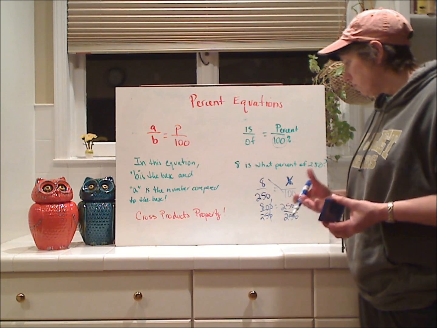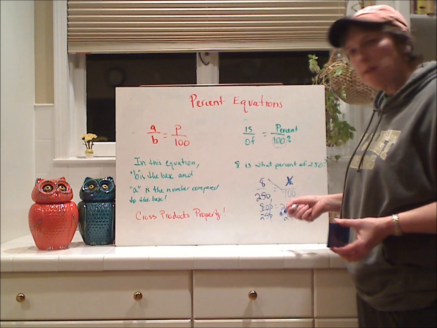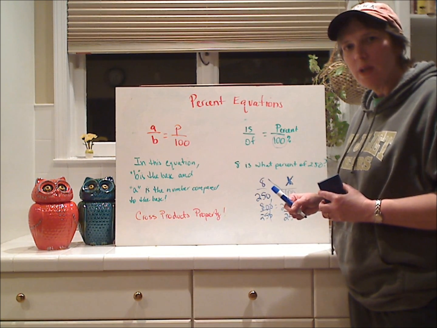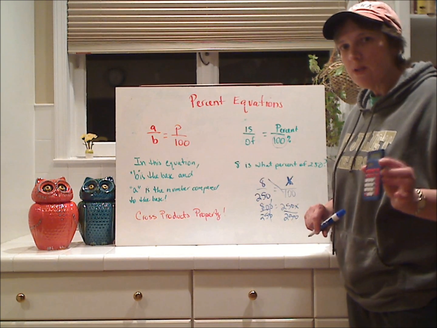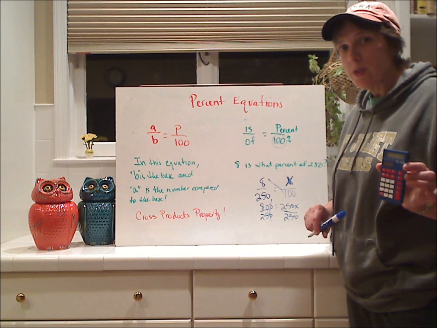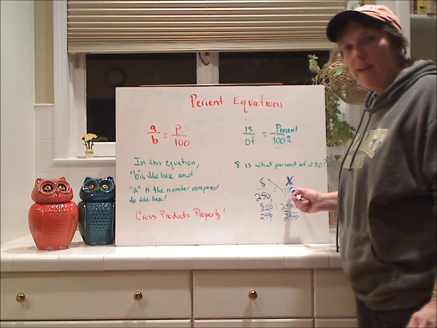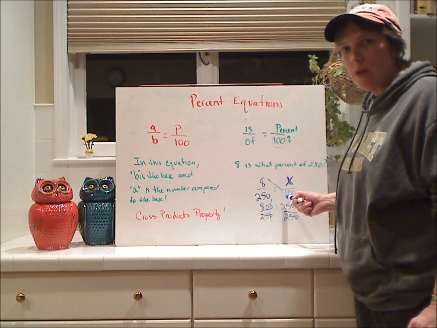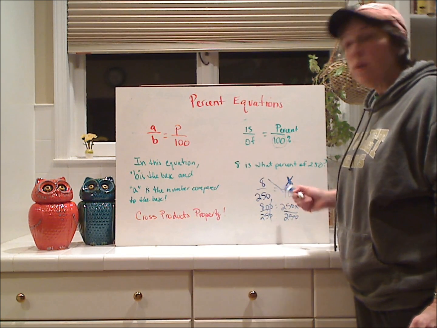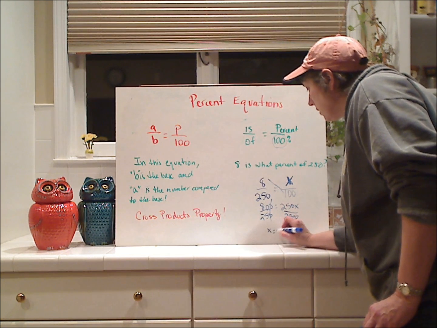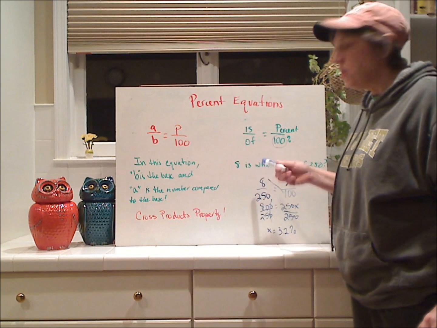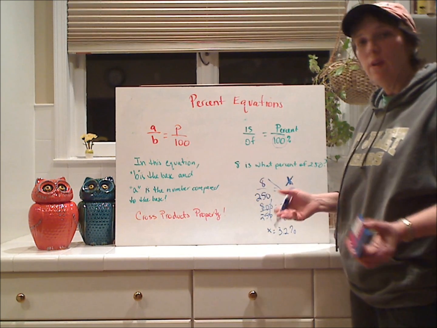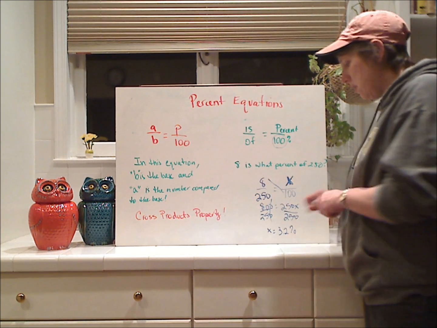Is that correct? Is it 3.2% or is it 320%? The answer on the calculator is 3.2. Since you're finding the number over 100, it's 3.2%. So x equals 3.2%. That makes sense. What percentage is 8 of 250? See how that works?